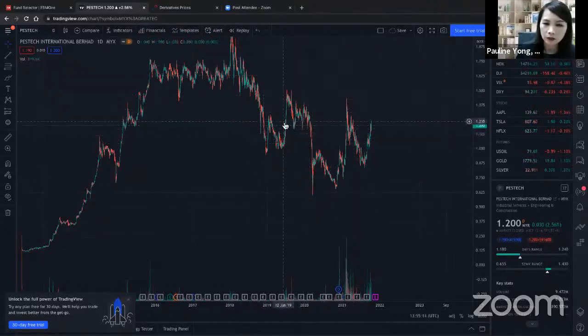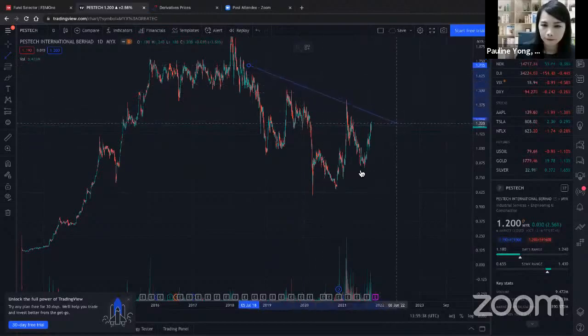So most likely you are still under an ABC correction. That means you have 1, 2, 3, 4, 5, and then ABC. So here is a big ABC correction, and we are still looking at very much a correction. This correction, you can draw something like this.